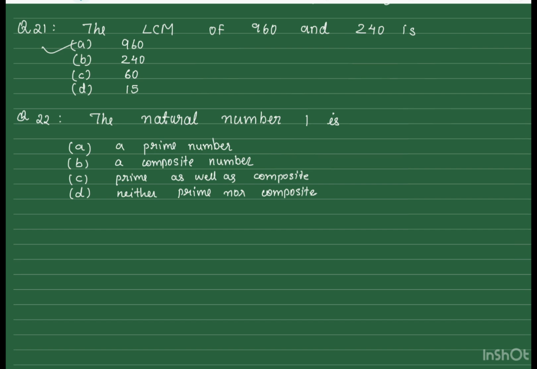A composite number has more than two factors, so it is not a composite number. Since the number 1 has only one factor, itself, it does not fit either definition of prime or composite. So option D is the answer, neither prime nor composite.